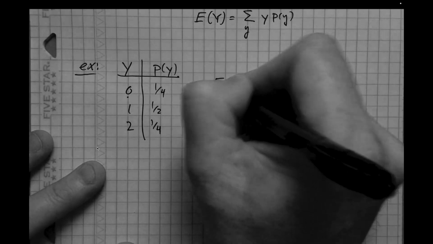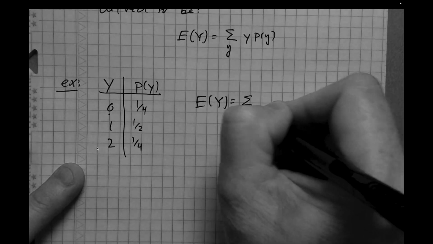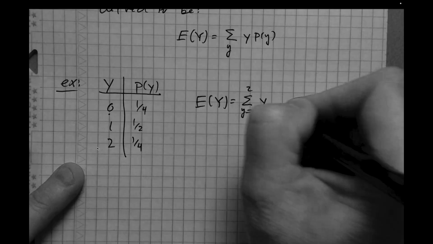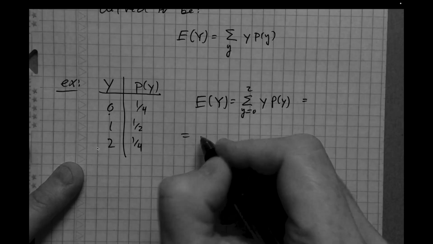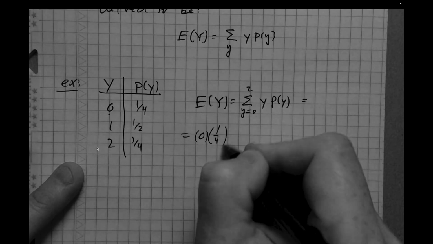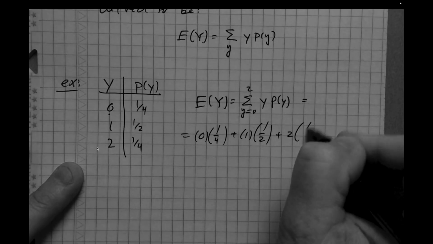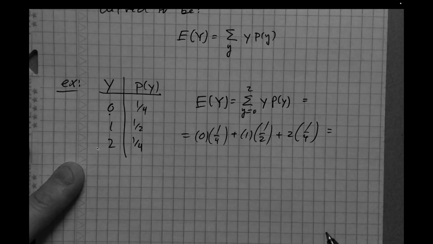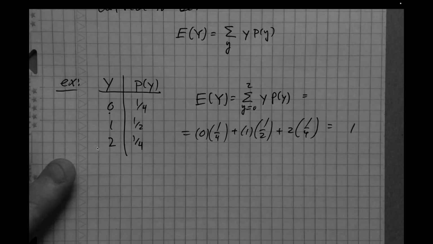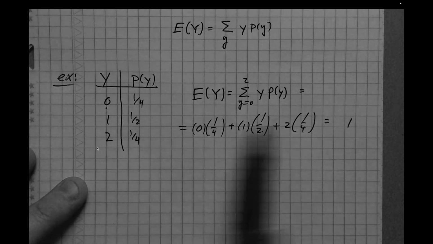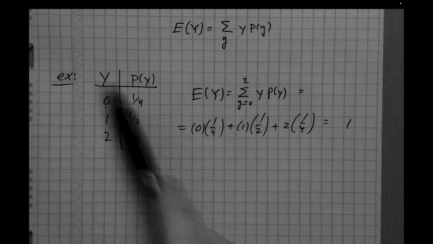So the expected value of y is equal to the sum from y equals 0 up to 2 of y times the probability of y. Right, so you can just figure this out really quickly. That's 0 times 1/4 plus 1 times 1/2 plus 2 times 1/4. Okay, and so if you do all of that, you'll find that you get 1. Okay, and so this would be the expected value of this probability distribution.